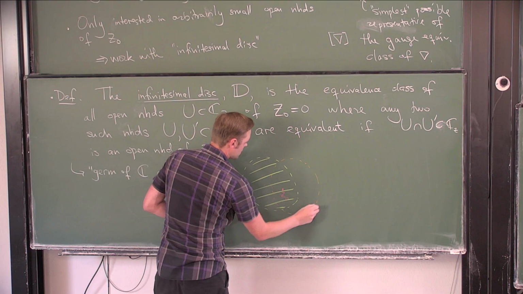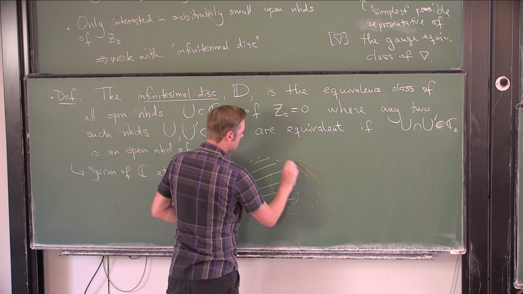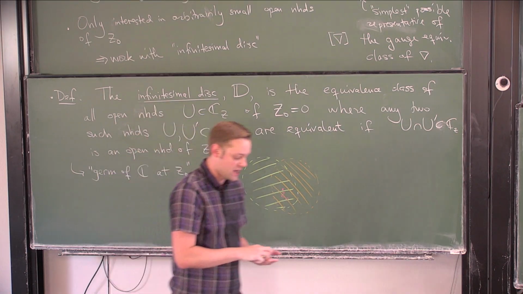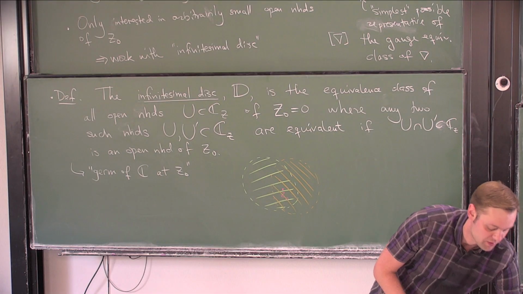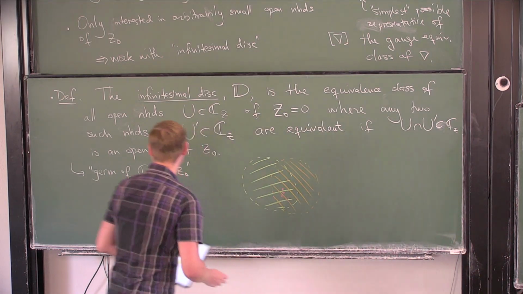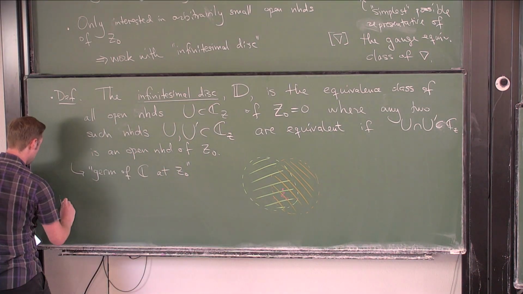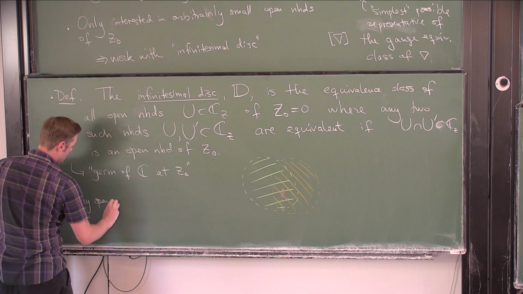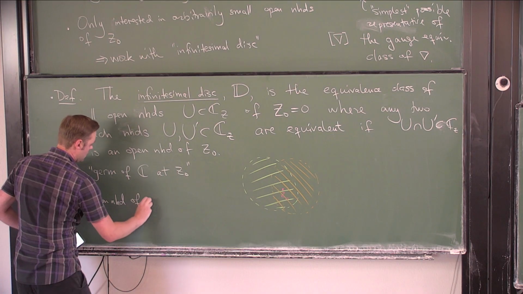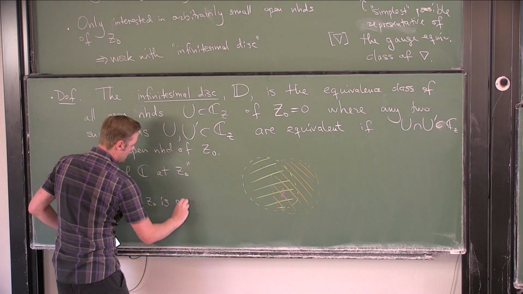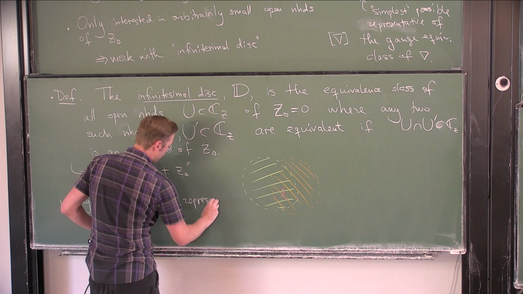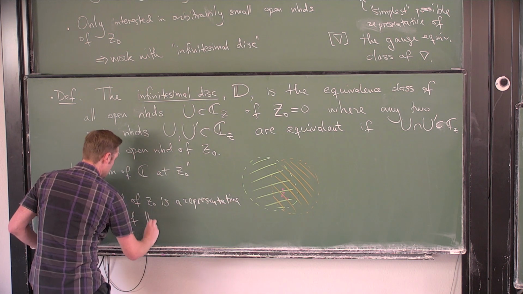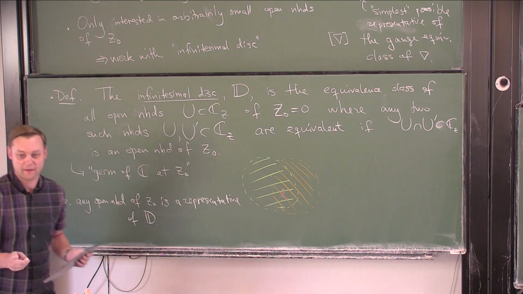They're all smashed together into one equivalence class, or in other words, any open neighborhood of Z naught is a representative of an infinitesimal disk.